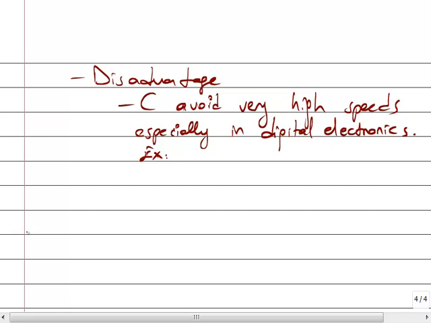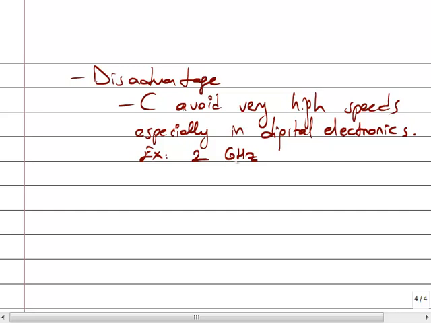How many megahertz? How many gigahertz? 2 gigahertz. Why isn't it higher, more than 2?